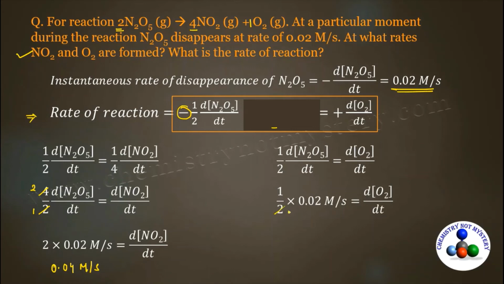So when you divide this term, you will get 0.01. So the formation of O2 will be equal to 0.01 molar per second. And from the equation, you can see the rate of reaction is also equal to the rate of formation of oxygen. That means the rate of reaction is 0.01 molar per second.